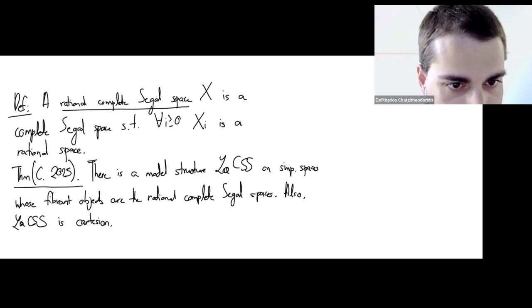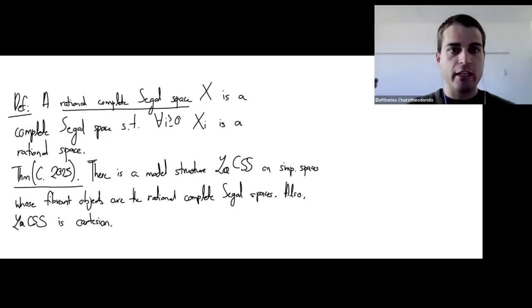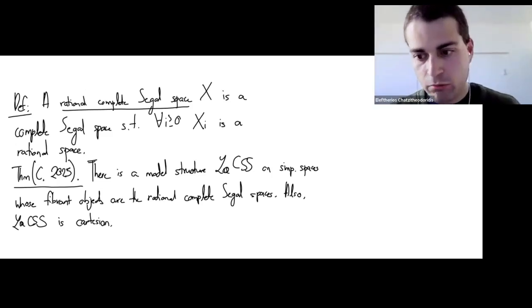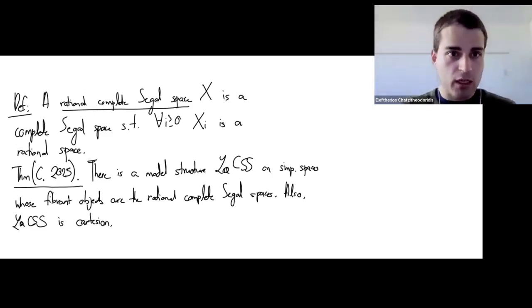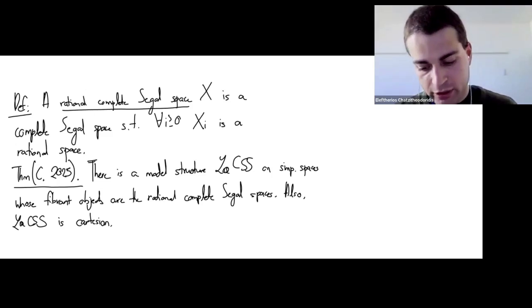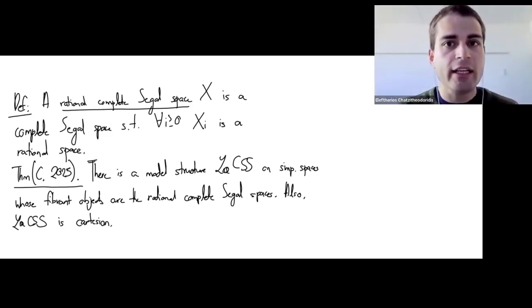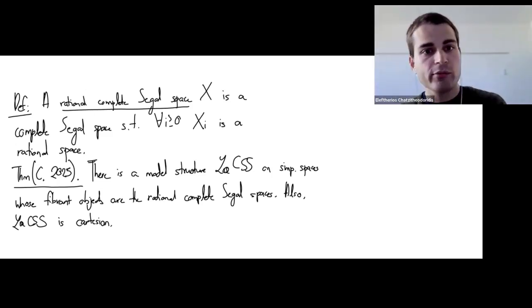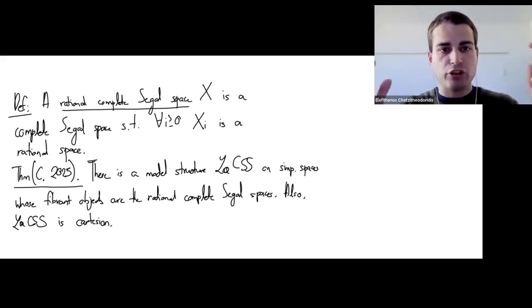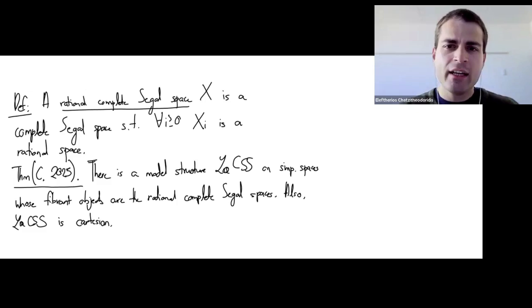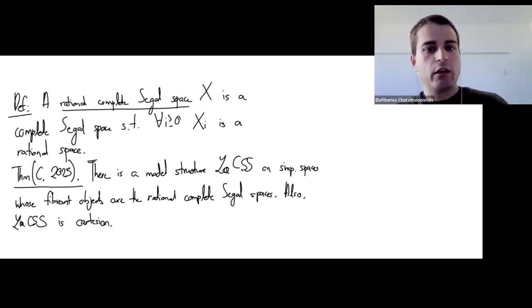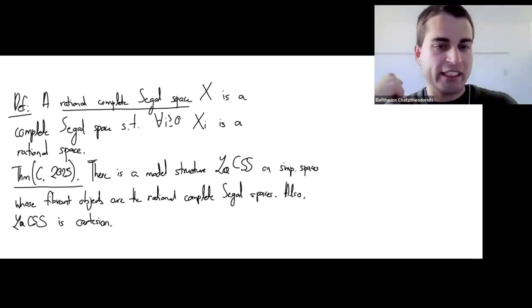To wrap up in my last minute, I want to mention some future directions. There are other ways to model categories up to homotopy, and what I'm going to be thinking about for a big chunk of the remainder of my PhD is how to modify those models to also provide rational analogs that model categories up to homotopy enriched in rational spaces, and how to show these other models are equivalent to the rational complete Segal space model.